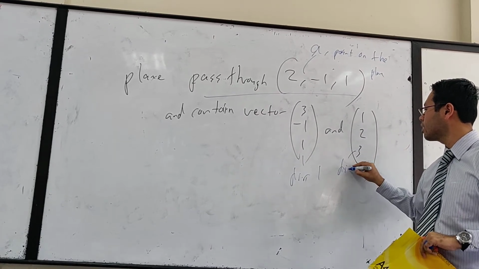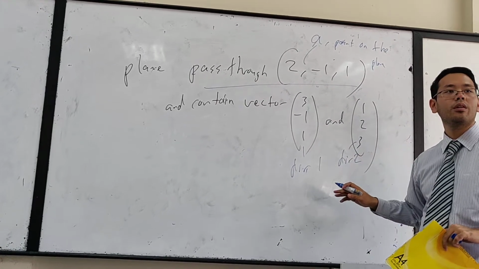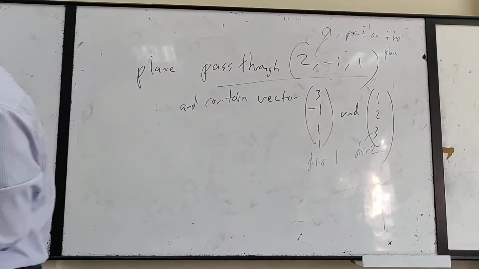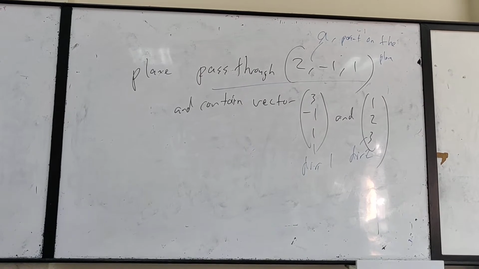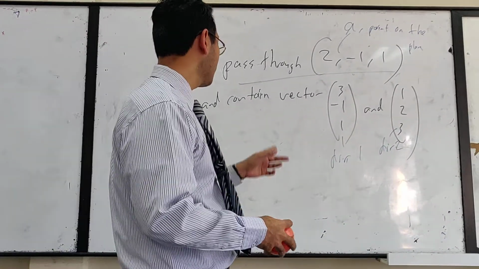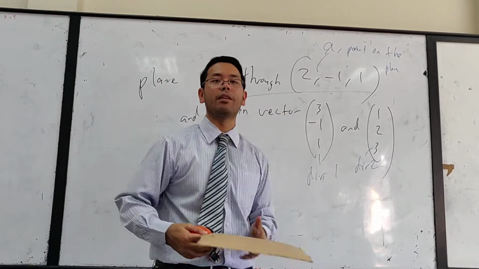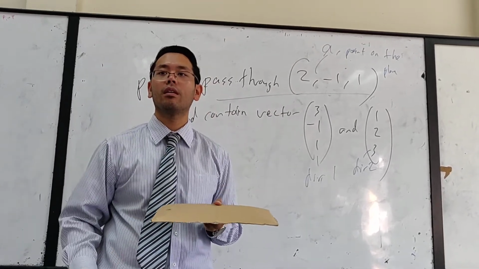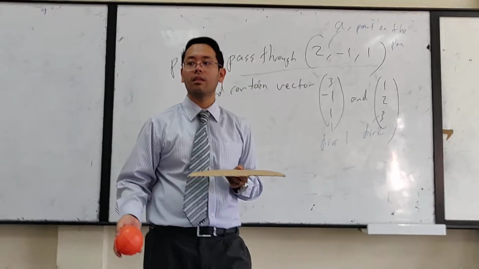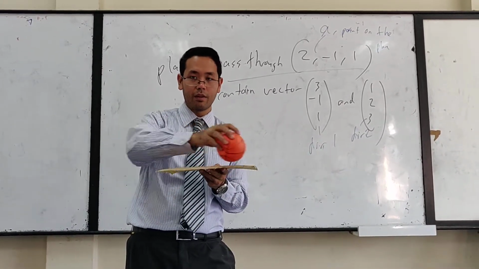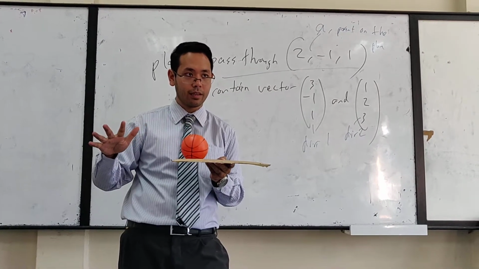This is direction 2. So how does a plane have those things? So where is the A with the plane? Just something like this. Are you okay? It can be anywhere. So let's just say that.